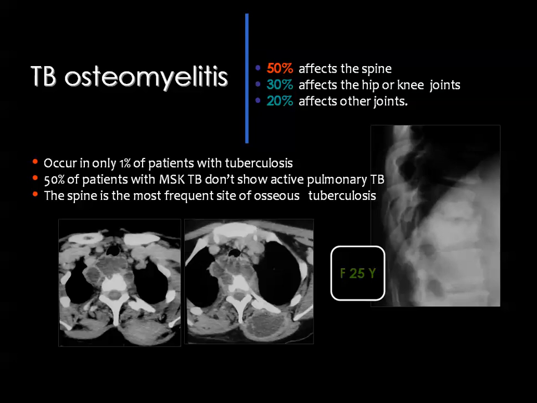Around this site of inflammation, there may be a big cold abscess, or collection of inflammatory caseous material. As you can see here in the CT scan, there is a prevertebral multiloculated collection, and you can also appreciate this cold abscess in the back muscles.